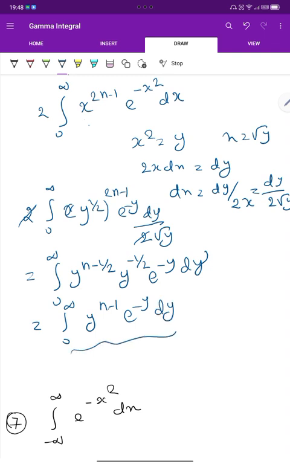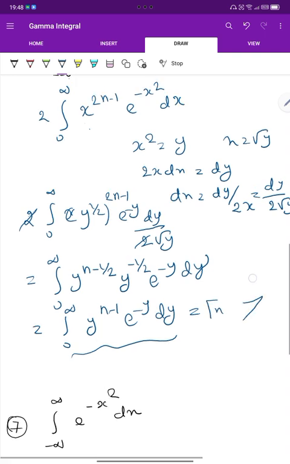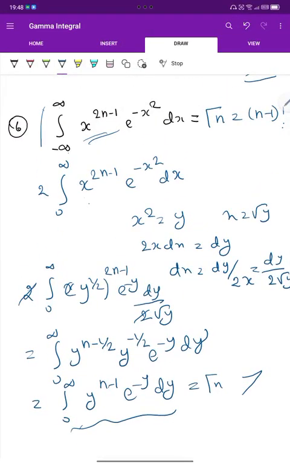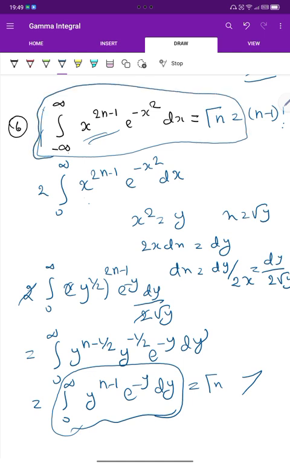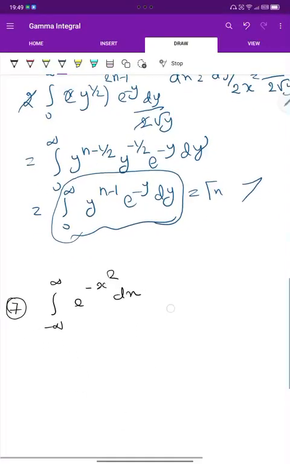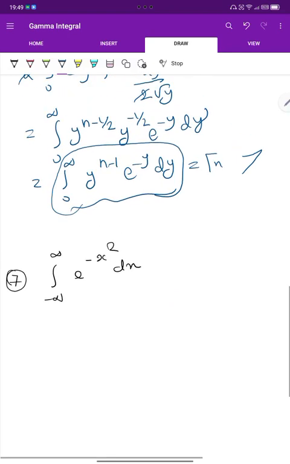And what is this? This is again the gamma integral of the first type which I told earlier, and this is equal to gamma of n. Hence this form and this form both are equal. So we can use either one depending on the type of integral that we are trying to solve.